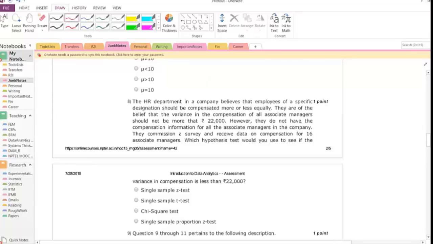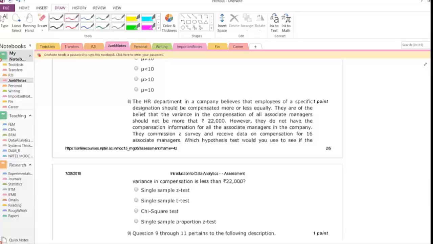So, the main thing you need to focus on here is that this is a test where your data points are the compensation of each manager. But what you're testing it against is the variance.